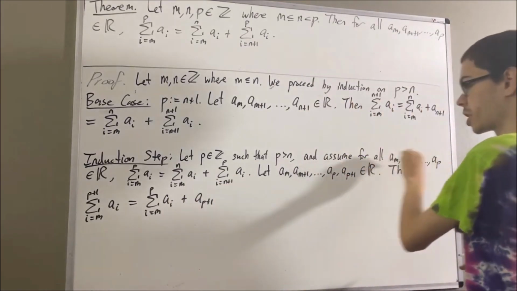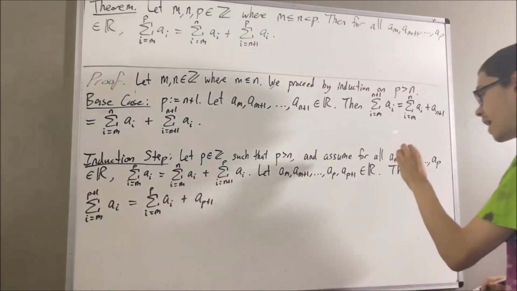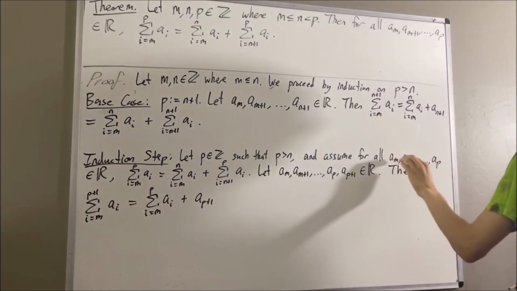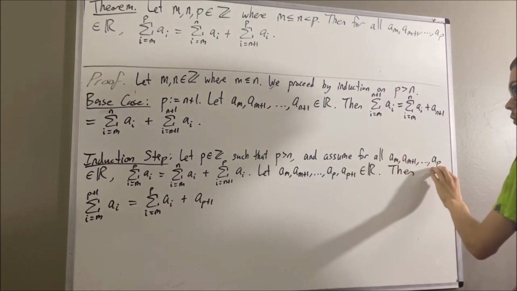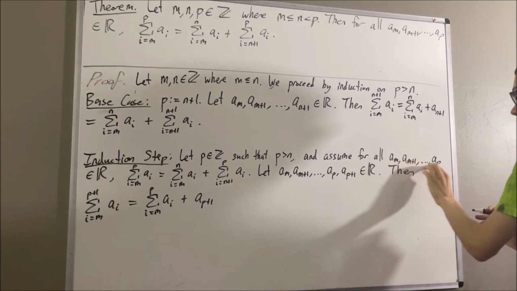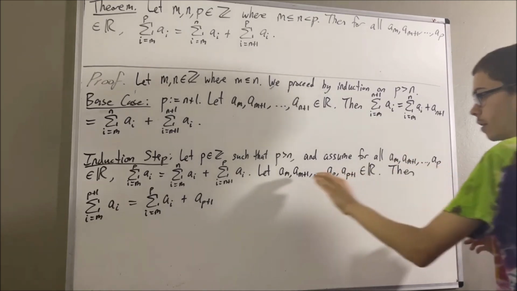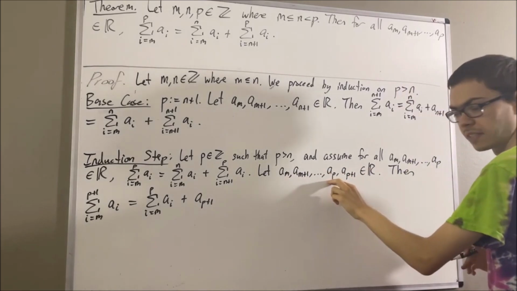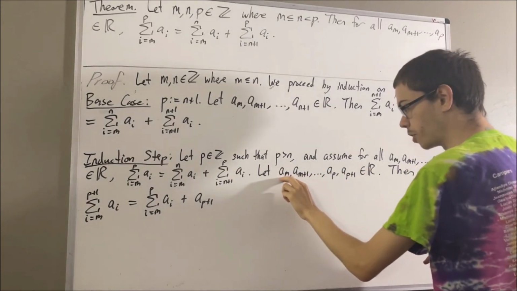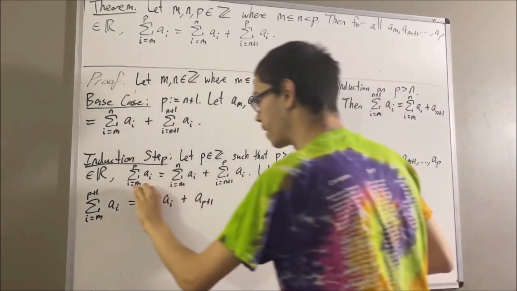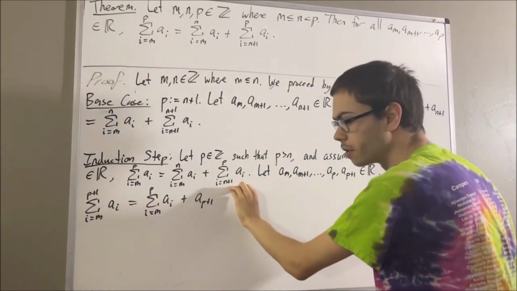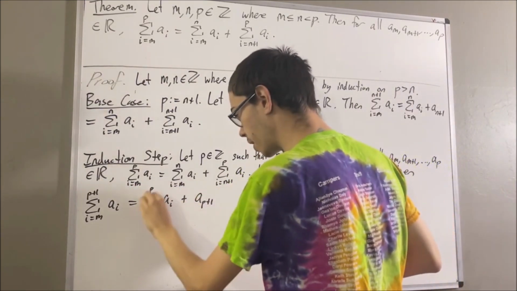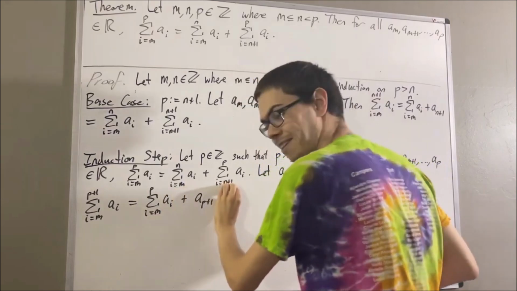Because to use our induction hypothesis, we need to have a list of numbers from am to ap. Well, we have a list of numbers from am to ap, right? That's exactly what this list is. So taking our list of real numbers from am to ap, we have that this is true. So we can substitute this sum for this sum plus this sum.